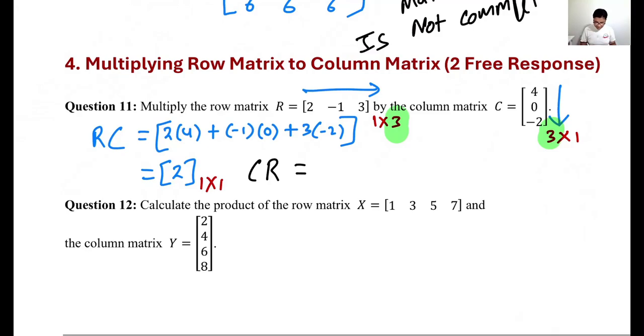When you multiply CR, you will be writing the column first, and then the row. Now what happens?